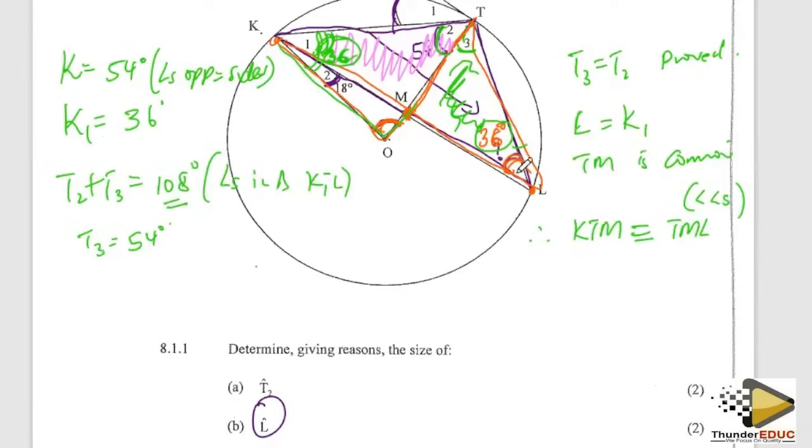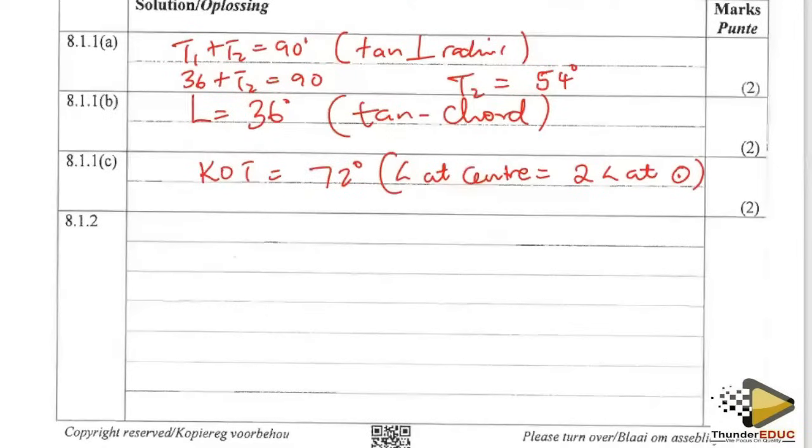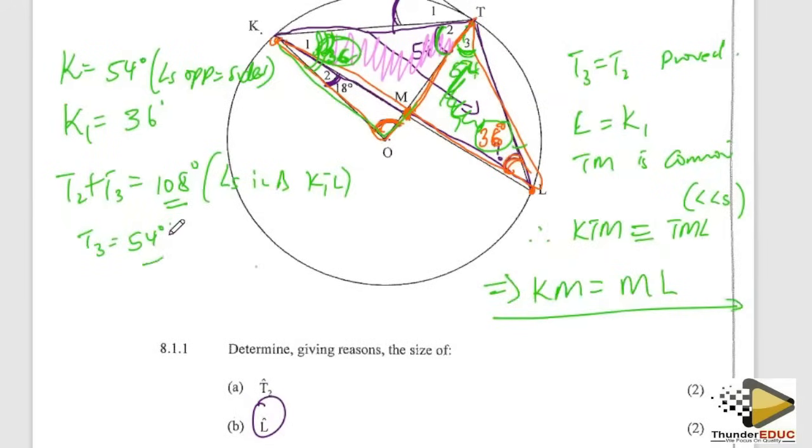Then if the two are congruent, the side opposite the 54 is ML and KM, which implies that KM is the same as ML. So that's how I would have gone about question 8.1.2. Start by getting these missing angles, prove the congruency, and then draw the conclusion. So that is 8.1.2.